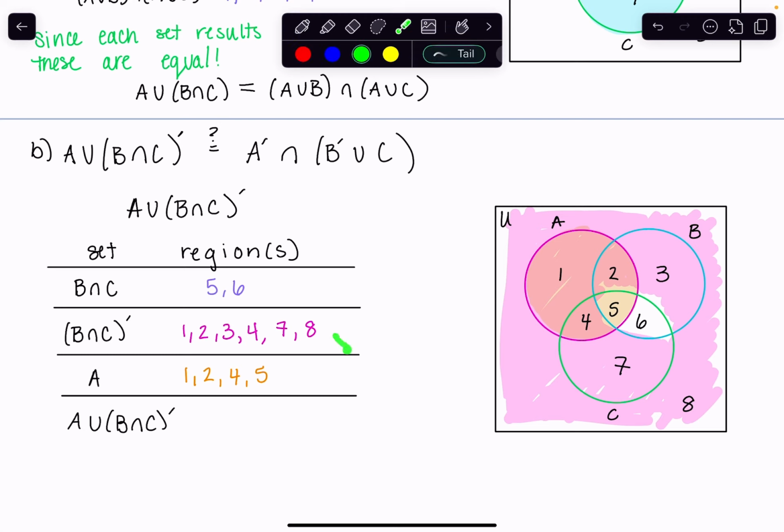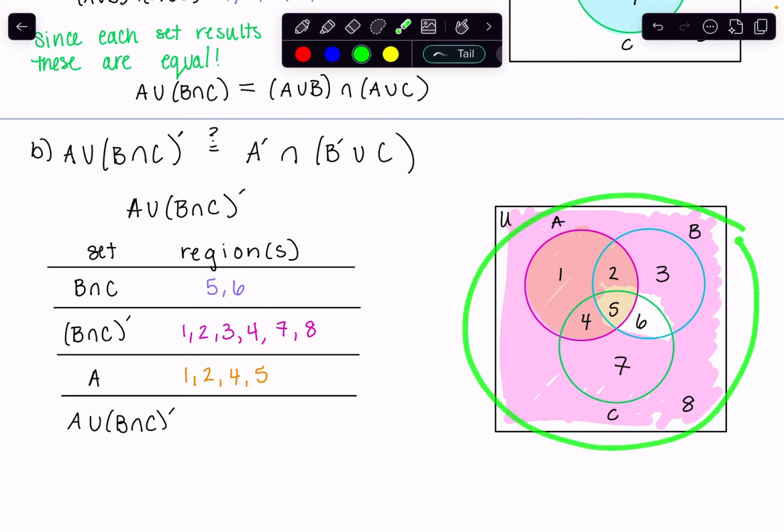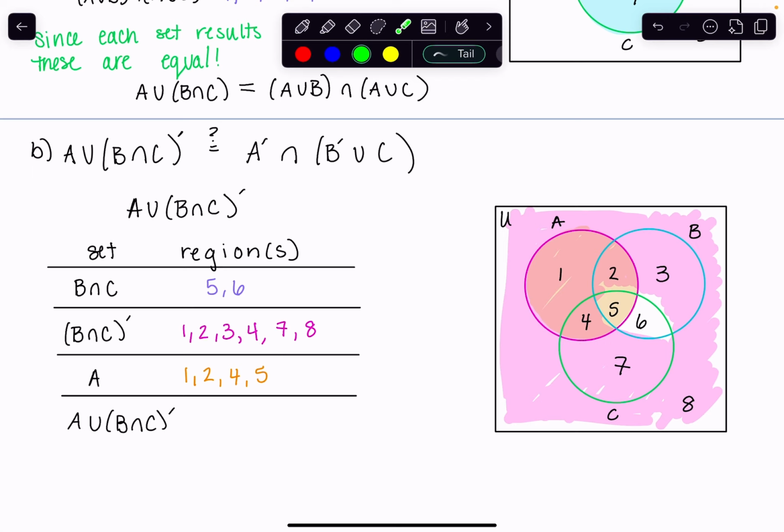So I'm really just melding this together to one list, or using my shaded diagram, it is anything shaded in here. So the only thing I'm not including is region 6. If I go ahead and do my list, I get all the numbers 1, 2, 3, 4, 7, 8. 1, 2, 4 are already in there, so you're just adding in the number 5. So this ends up being 1, 2, 3, 4, 5, 7, and 8. So this set would list a lot of elements potentially.